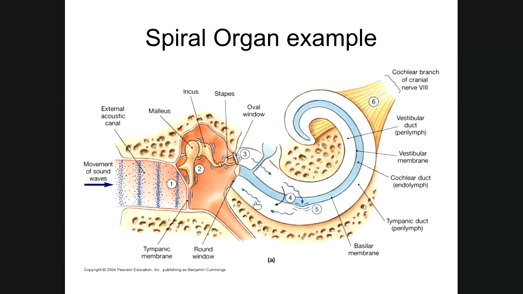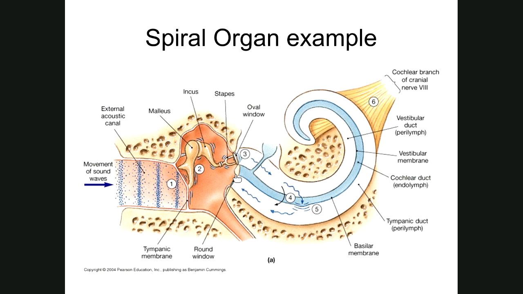And it's relieved over here on the tympanic duct side at the round window. There's a tympanic membrane there. So when the stapes pushes on the oval window, the round window's tympanic membrane gives. Like that. Okay?